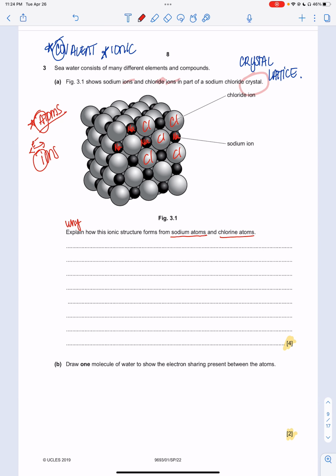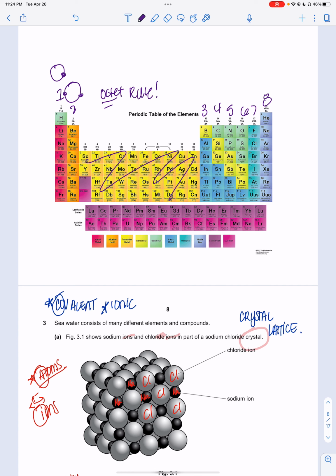And then I also taught you back in August, September about the octet rule. Octet meaning 8. So these atoms are going to want to have 8 electrons in their outer shell in order to be stable, so that they don't react with other atoms again.